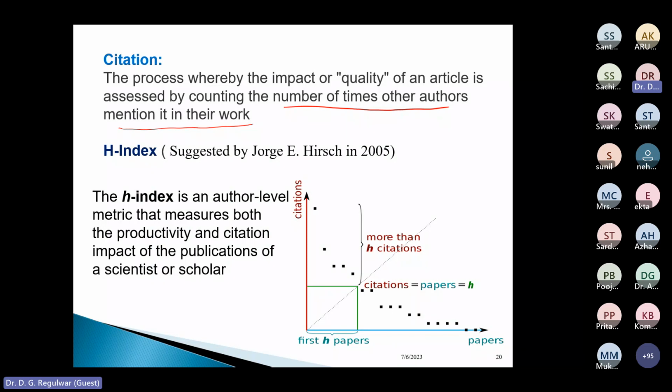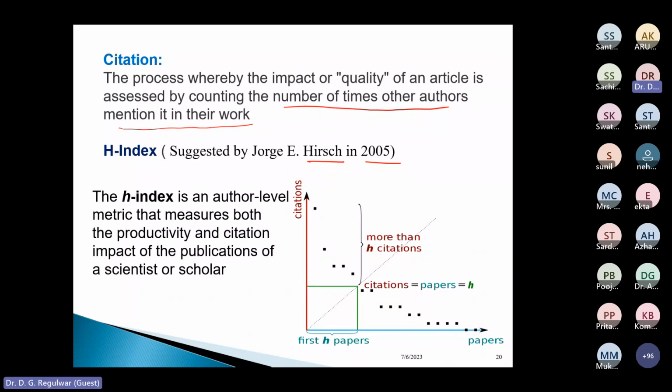So please see that your topic is such that its utility is more, so that upcoming research scholars can use your paper, and your citations will increase. Okay, then one more is there, the H index. It was suggested by George Hirsch in 2005, and it is basically based on the number of papers and number of citations.